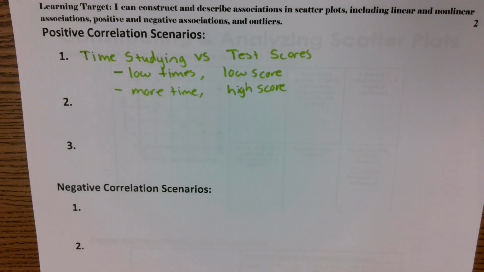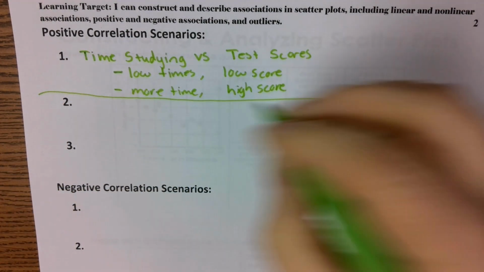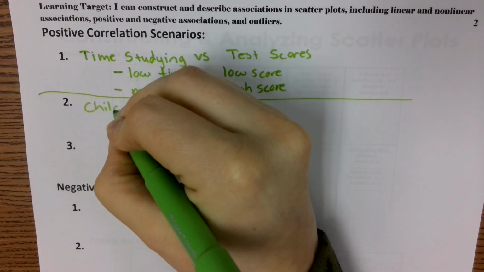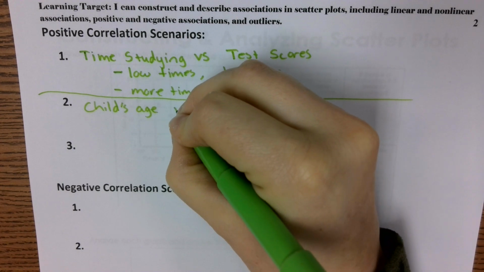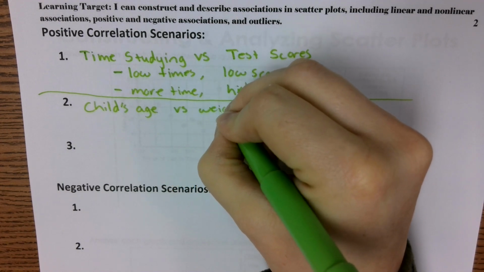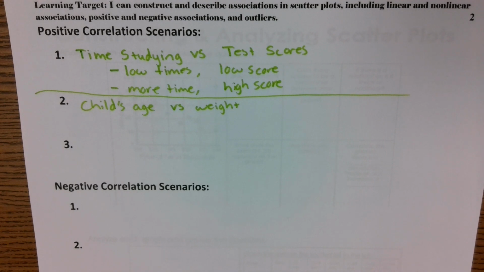All right, another example. We can talk about a child's age versus their weight. When you're at a very young age, your weight is a little bit lower. And as you get older, you're growing, your weight gets bigger.